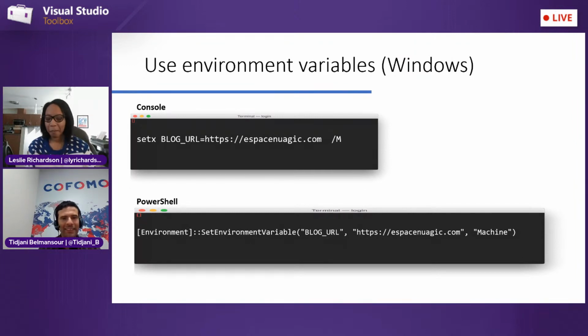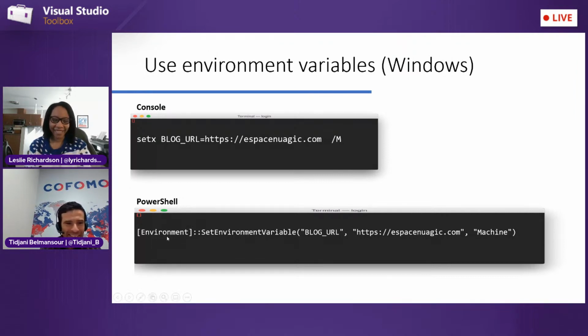Exactly. So what if I want to define an environment variable machine-wide? Well, I will use the setx syntax and simply add /m for machine at the end of the command. If I use PowerShell, the syntax is a little bit more verbose.